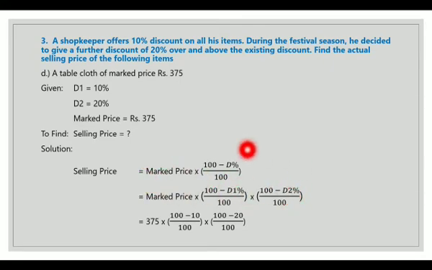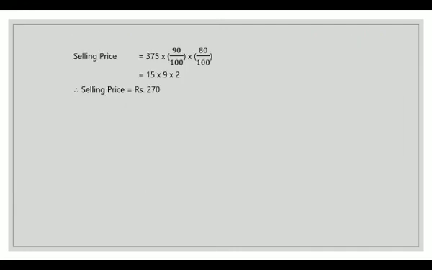Now we just substitute the values. Mark price is 375 into 100 minus D1, that is 10, upon 100, into 100 minus D2, that is 20, upon 100. After simplifying, we get 375 into 90 upon 100 into 80 upon 100, and then 15 into 9 into 2, which is equal to rupees 270. So selling price equals rupees 270.